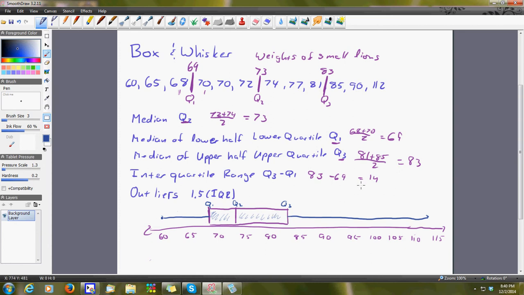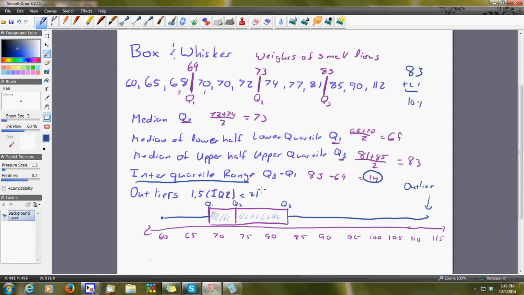If you take 1.5 times the interquartile range, you get 21, because 1.5 times 14, the interquartile range, equals 21 for this example. So if I take my third quartile, 83 plus 21, I get a 104, which means that this value, because it's 112, is an actual outlier.